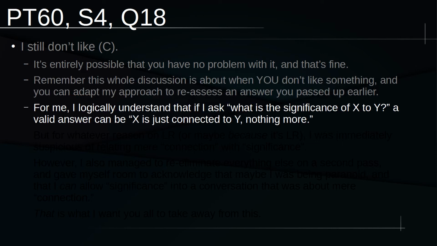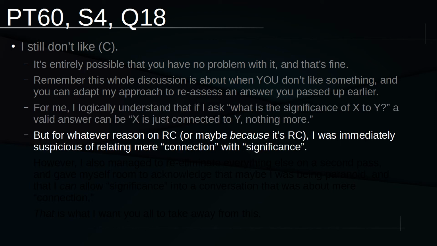So when it comes to answer choice C, I logically understand, if I really think about it, that if I ask somebody, what is the significance of X to Y? A valid answer can be simply, X is just connected to Y, nothing more. I understand how that works on a logical level. But for whatever reason on RC, or maybe because it's RC, I was immediately suspicious of relating the concept of mere connection with the word significance.